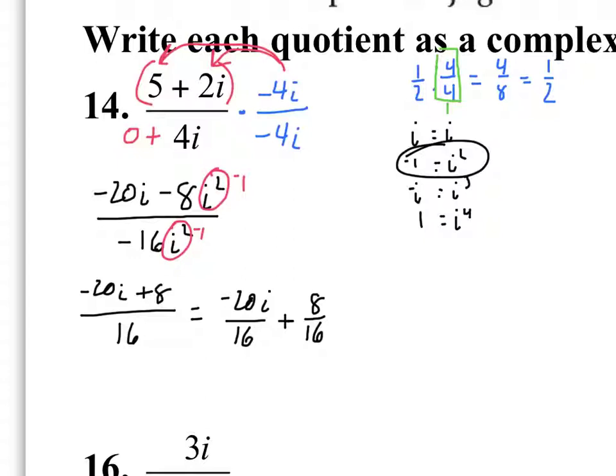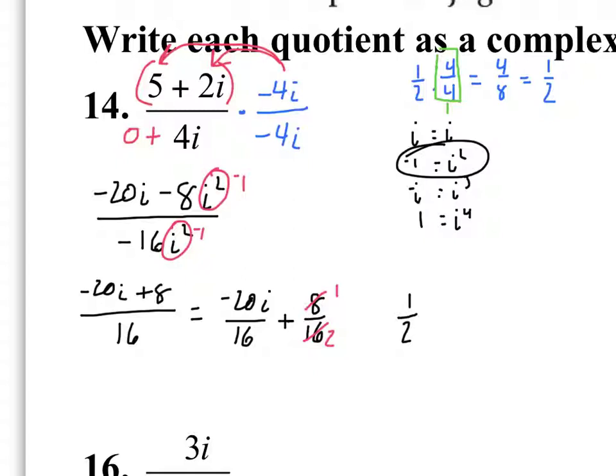First off, we haven't reduced yet. But the other issue is, in a complex number, what always comes first? The real number always comes first. So I've got to flip-flop this. I'm going to reduce 8/16 to 1/2, and write it out in front. So I have 1/2, and then negative 20i over 16.